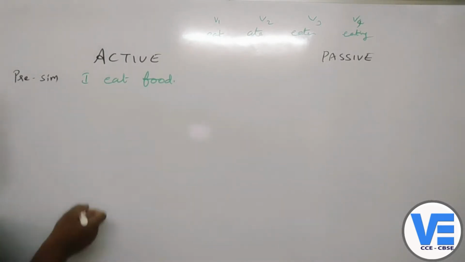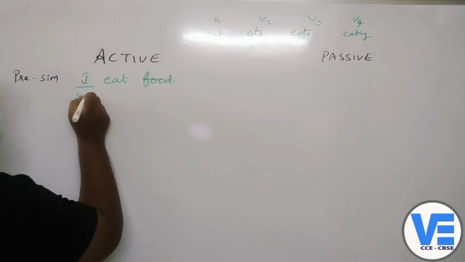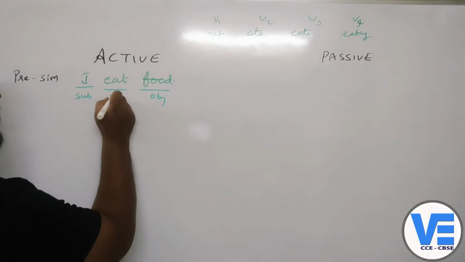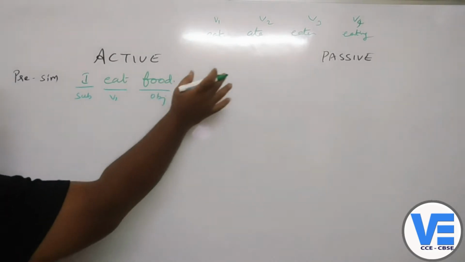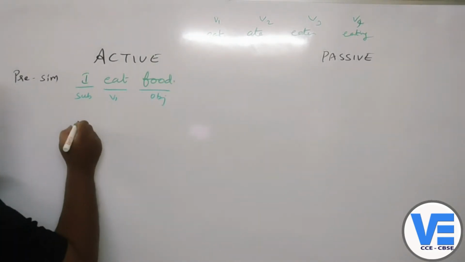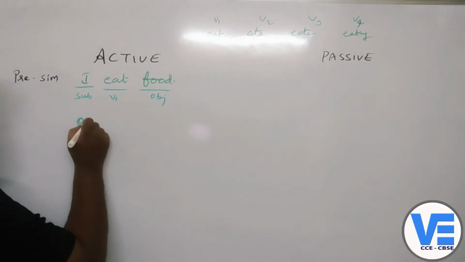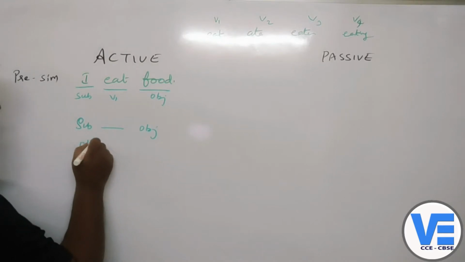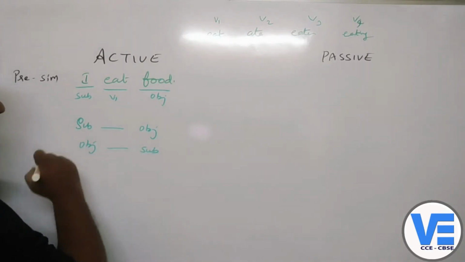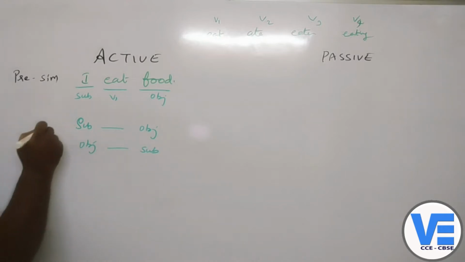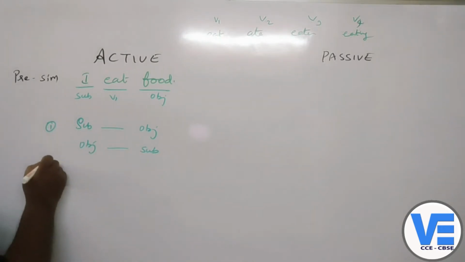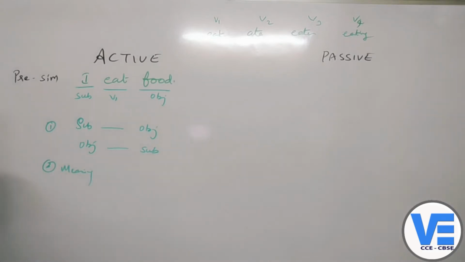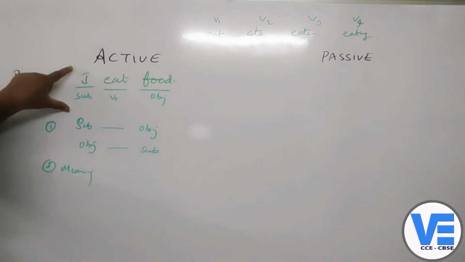So when you write the passive voice, now if this is the subject, this is the object, okay, now this is the verb form, right? So here when you write the passive voice, the first rule is that subject will go to the place of object and object will come to the place of the subject. Okay, that is the first rule. Second rule is that meaning will not change. So there will be no change in the meaning.